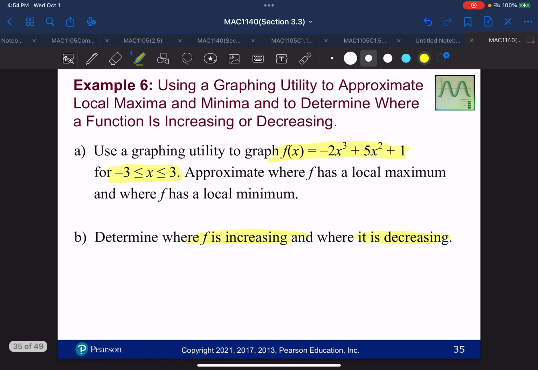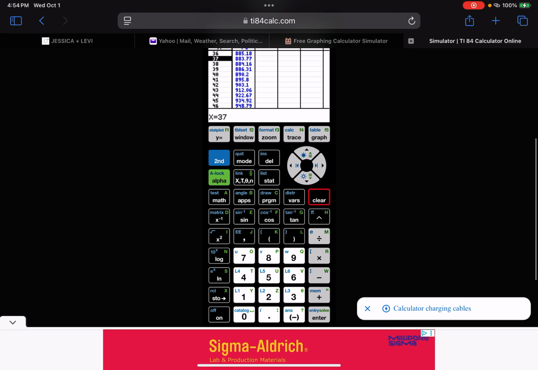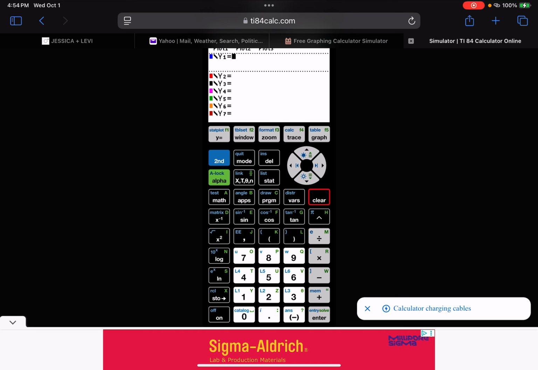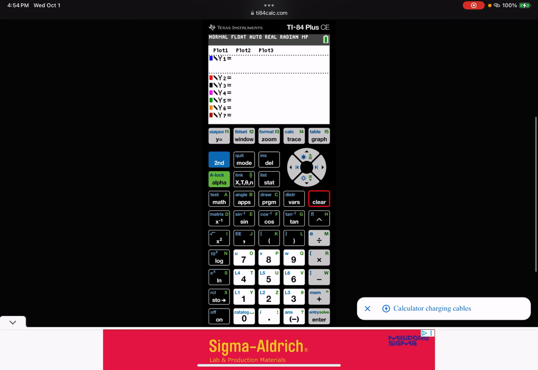So if I go to my graphing calculator, take a picture of this real quick, and I type in this function, negative 2x cubed plus 5x squared plus 1, and then I graph it.